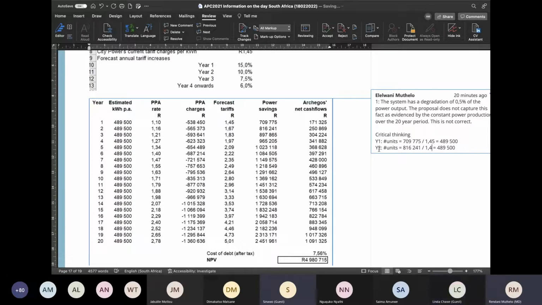Now the rate is 1.67. So let me just use the calculator.